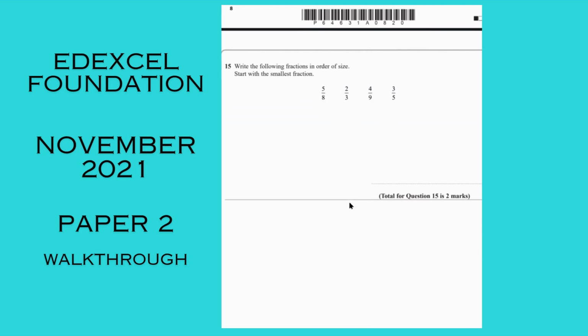Number 15, you could convert them all into the same fraction, but the lowest common multiple is too big for me. You've got your calculator, so I would stick to top divided by bottom and convert them into decimals. You've got a couple of recurring ones, and 3/5 is a nice terminating one.